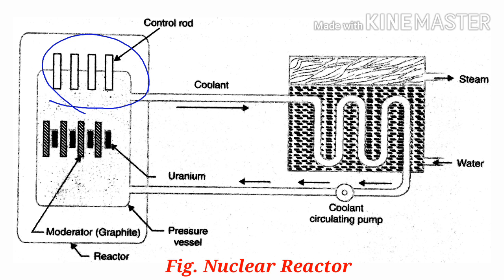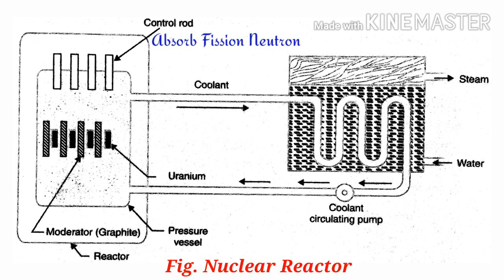These control rods are made up of boron, silver, cadmium, etc. Then these control rods are inserted in the reactor. These control rods are used to absorb fission neutrons. Its function is to absorb fission neutrons.